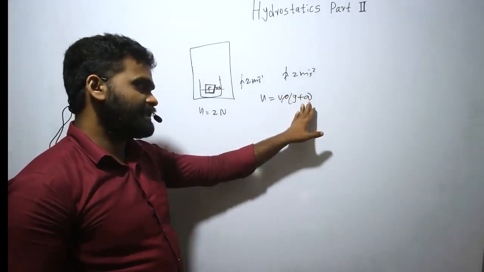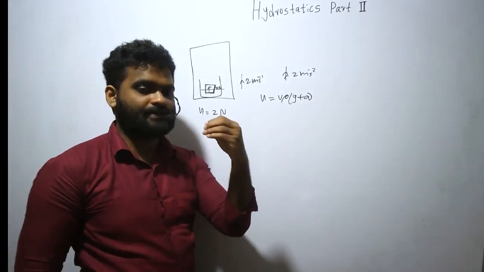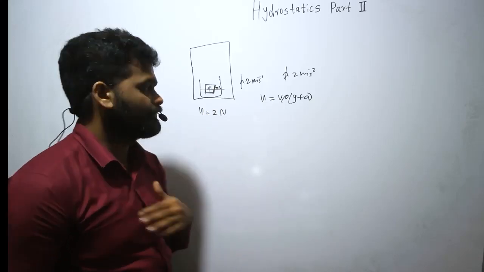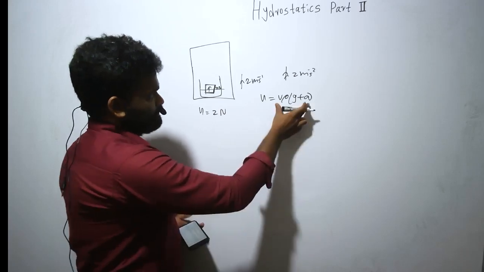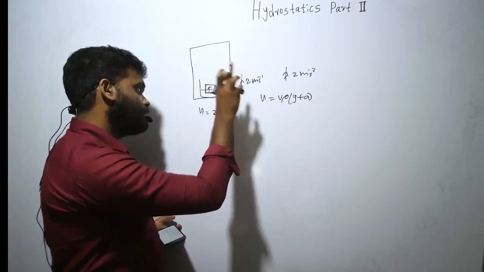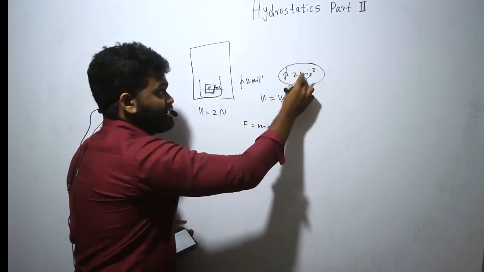If you know that equation, you can use it. Or else you can use F equals ma to find the new upthrust. There are two ways. I'll show you how to apply F equals ma for this case when it accelerates.